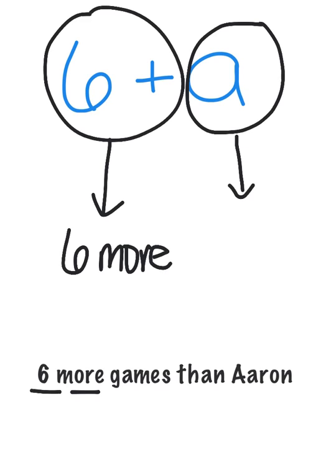So A is the number of games that Aaron has. So it's showing you 6 more, 6 plus whatever Aaron has. So 6 plus A is your expression for 6 more games than Aaron.